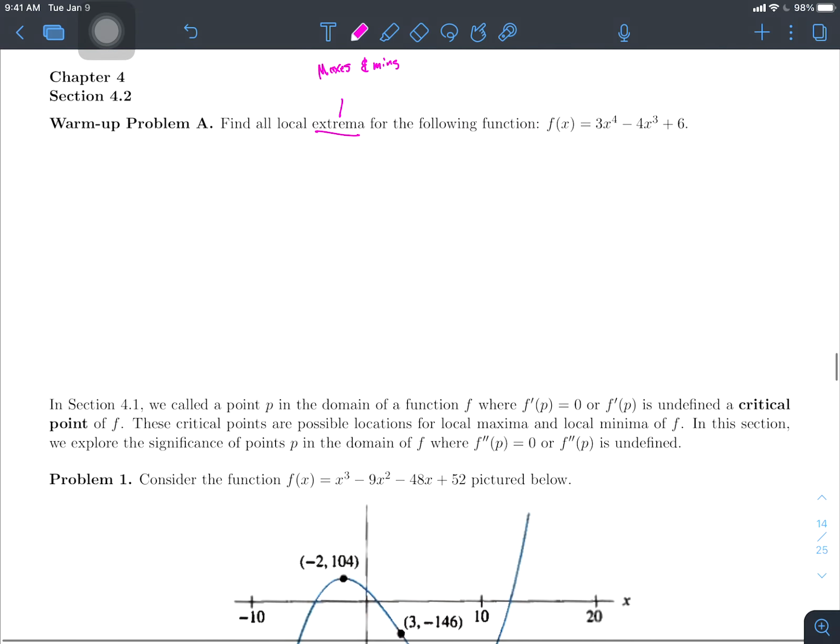And the second section in chapter 4 is really about a concept which we refer to as inflection points.